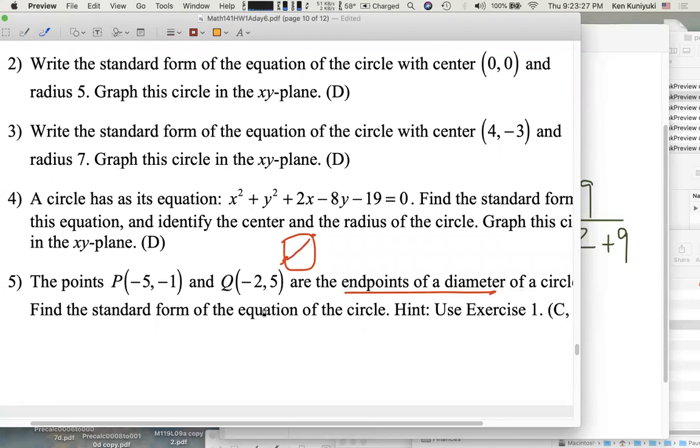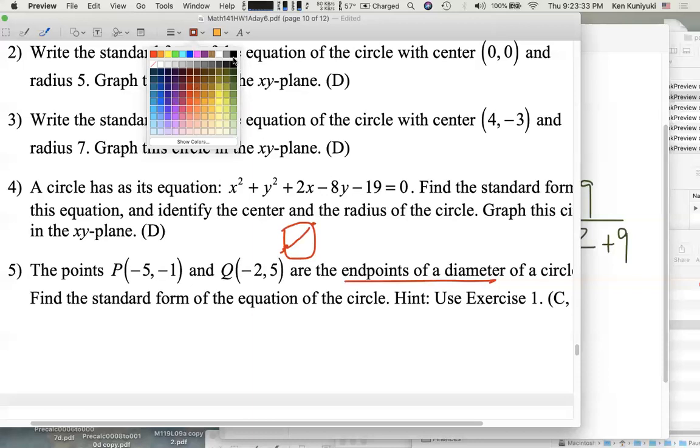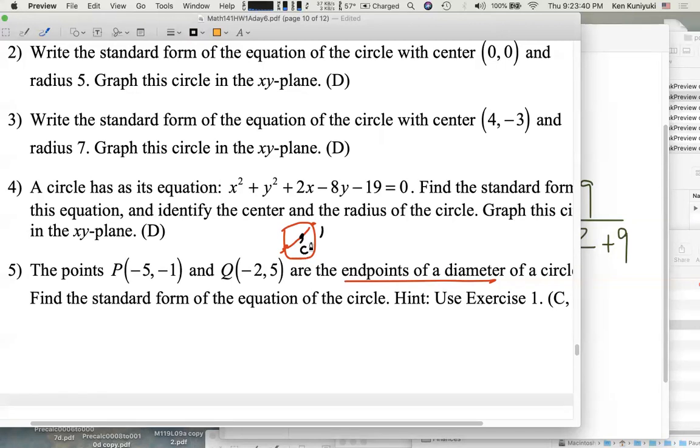In the equation for a circle, you don't want the diameter, you want the radius, right? So as part of the process, you want to find the center. And then you can find the radius, or just use the fact that the radius is the diameter over 2.